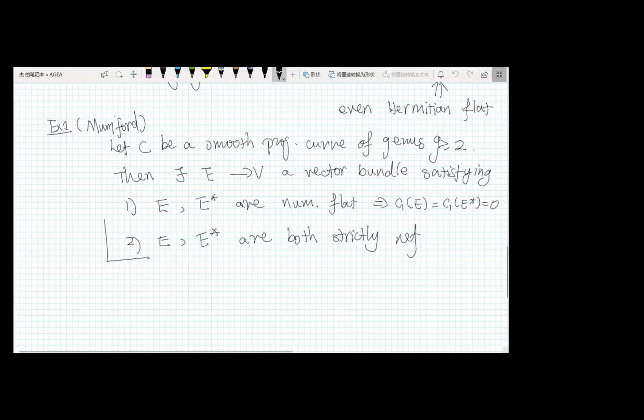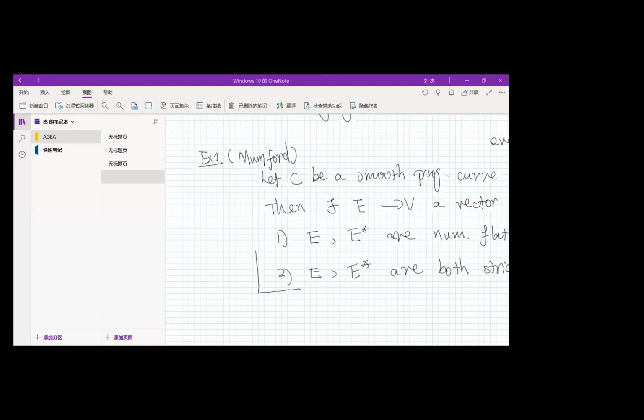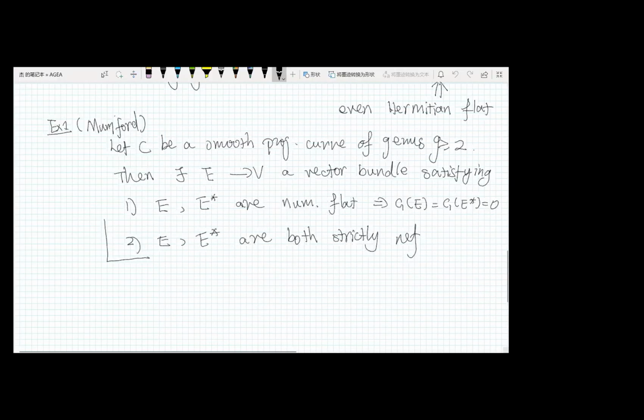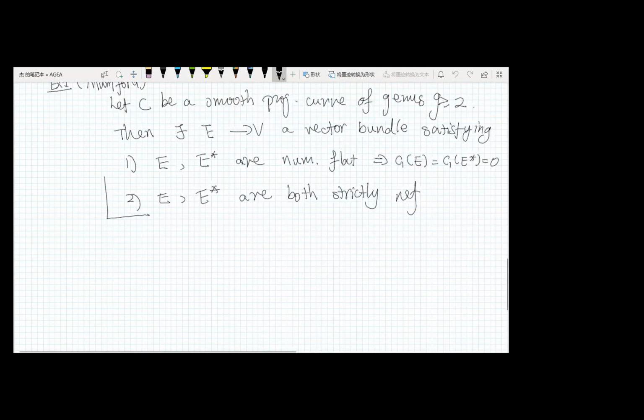Any question? If there's no question, let me start our second example.